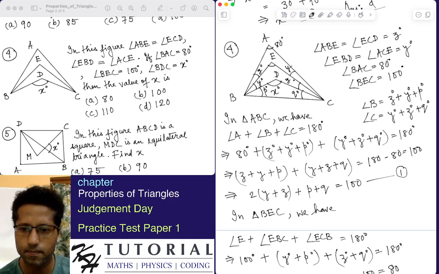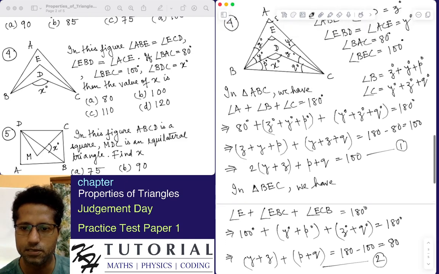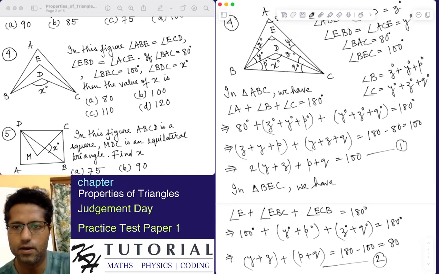Okay, this is fine. Now angle B is in triangle BEC. We have angle BEC, that is angle E, plus angle EBC plus angle ECB equals 180 degree. BEC is given to be 100 degree.